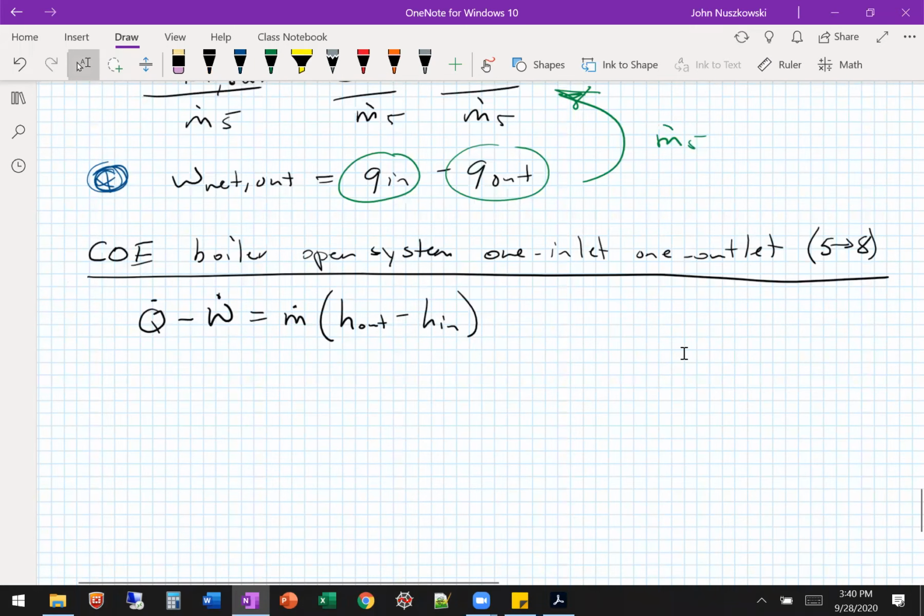All right, so for the boiler, we don't have any work, right? So we get Q in is mass flow rate 5 times H8 minus H5, okay?